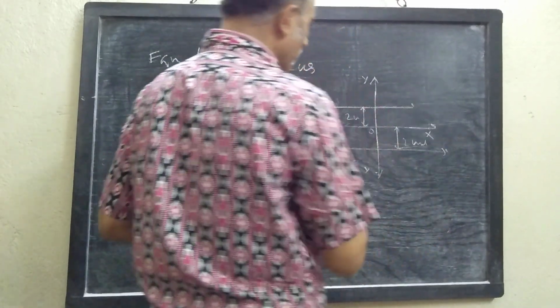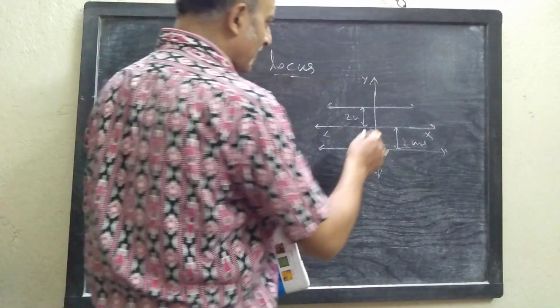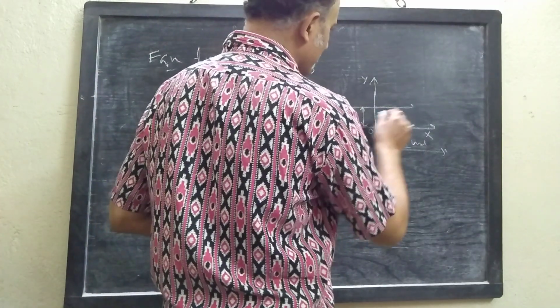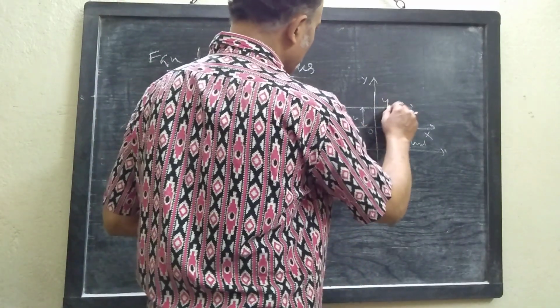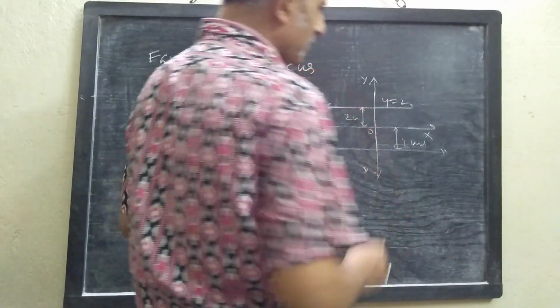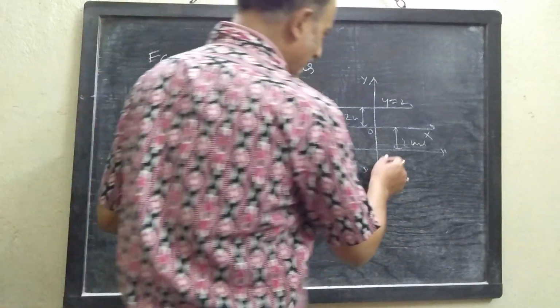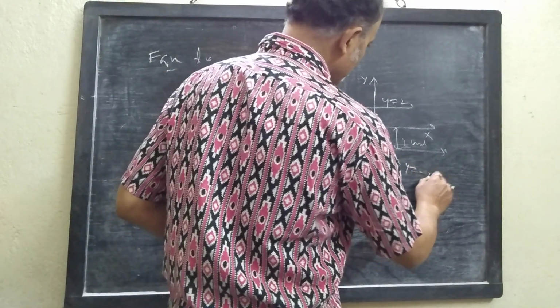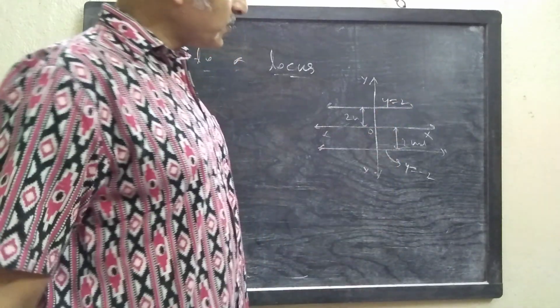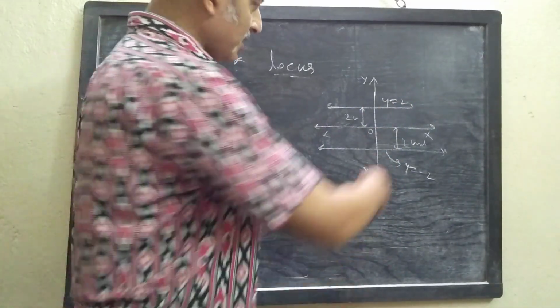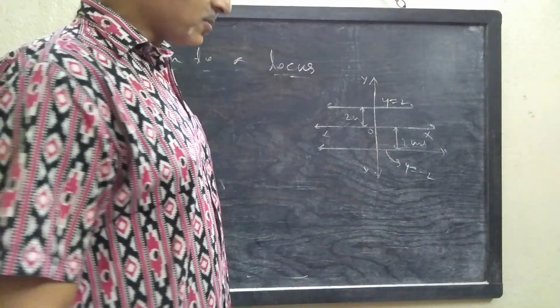Now, from the knowledge of your class 10, you can say all the points lying on the straight line have their ordinate 2. So for this reason, the equation to the locus of this point will be y equals 2, and in this case the equation to this line is y equals minus 2.